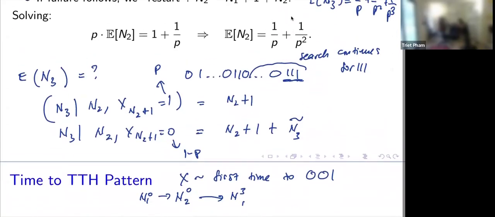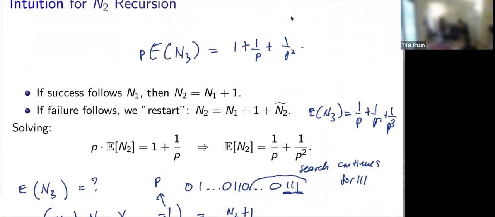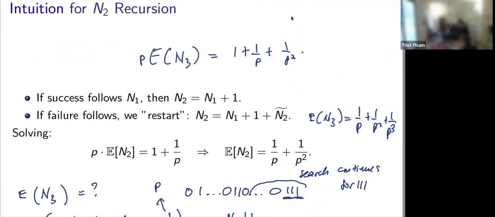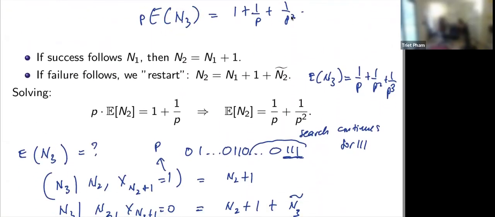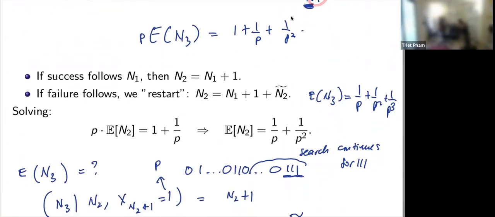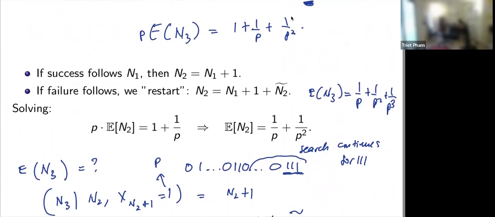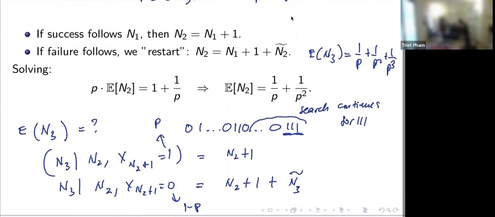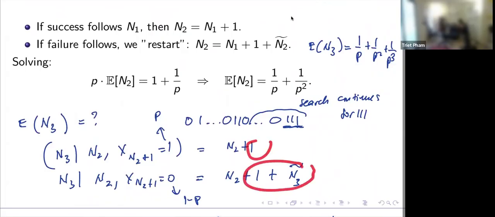Let me take it back. What we're doing here also has that taste. To find n3, 1, 1, 1, we did look at the first time to 1 1, but then it's not like we jump to the last one right away. We look at what happens after that, and then condition, things like that.